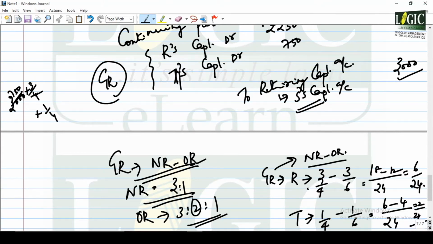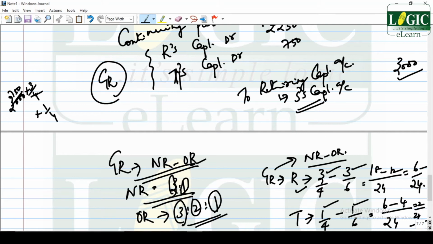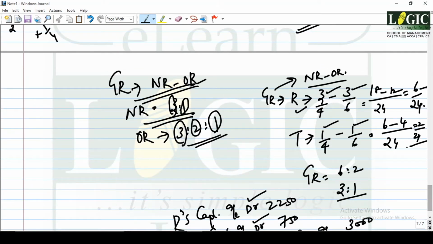So what is the gaining ratio in the case of R? R's new ratio is 3 by 4 minus 3 by 6, that is the old ratio, which turns out to be 6 by 24. In the case of T, it is new ratio 1 by 4 minus 1 by 6, that is 6 minus 4 by 24, that is 2 by 24.